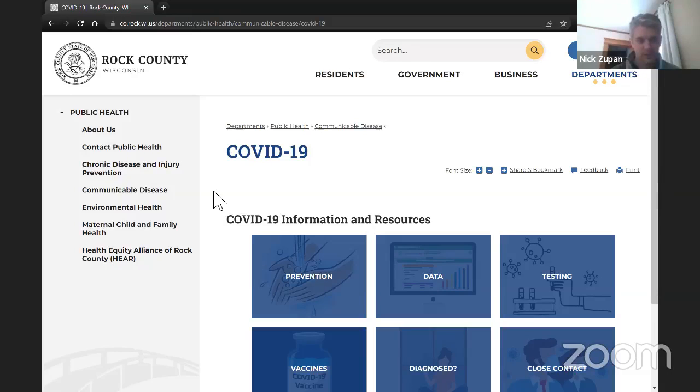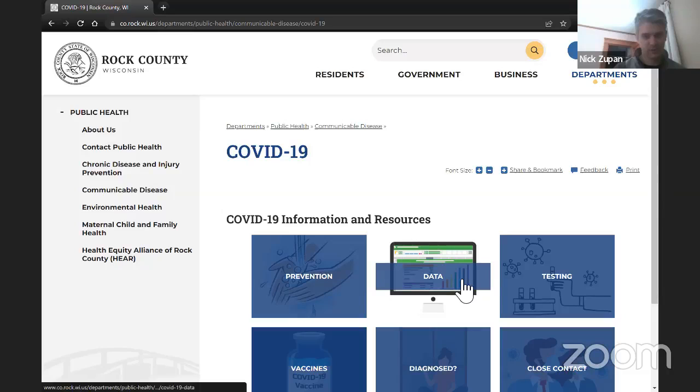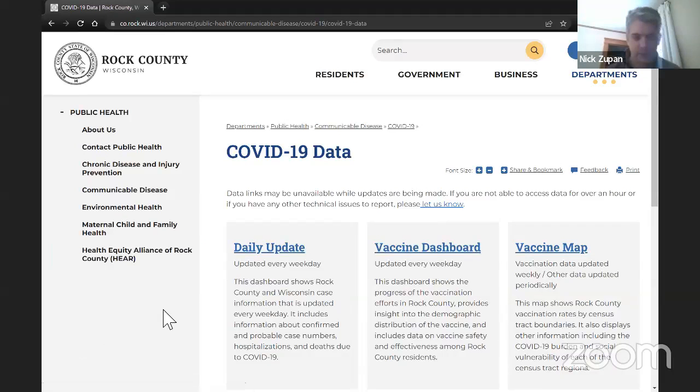The second report that we have linked here is our vaccine dashboard that's also currently being updated every weekday, but starting next week, we're going to move to a less frequent update schedule. So the vaccine data has slowed down a little bit in terms of the day-to-day increases. And as we progress through the course of the pandemic and hopefully we move out of the worst of COVID-19, we're going to be scaling back the frequency with which we update some of the reports.